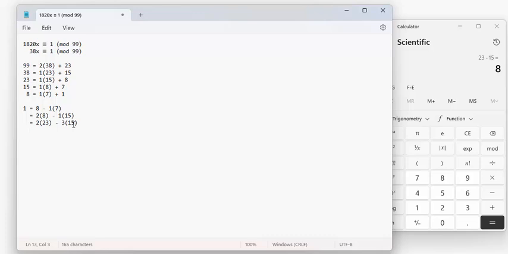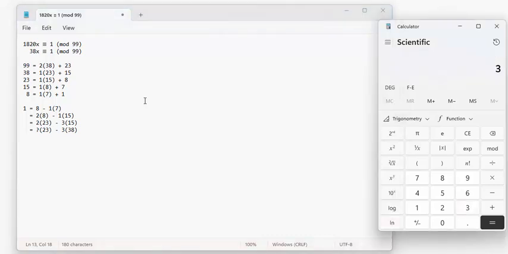Next, we want to replace 15. We already replaced 8 with 23. Now 15 with 38. So what is the value of the multiplier here? We don't know. 23 subtract 3 times 38. What is 3 multiplied by 38? 3 multiplied by 38 is 114.